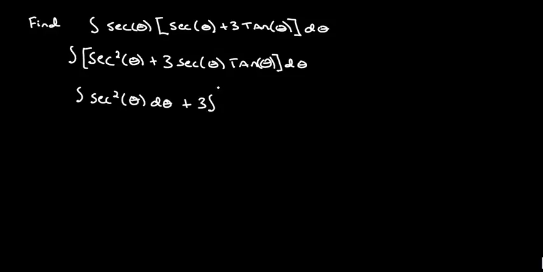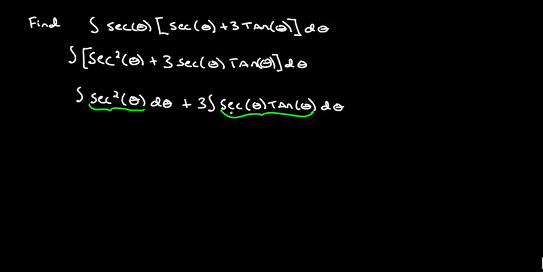Again, that's one of our rules for anti-differentiation. And this will be secant of theta times the tangent of theta d theta.